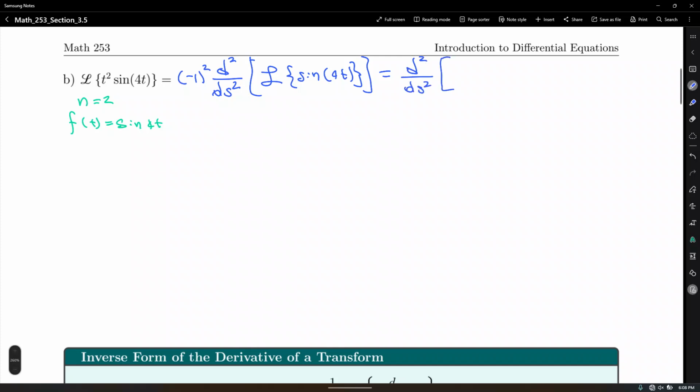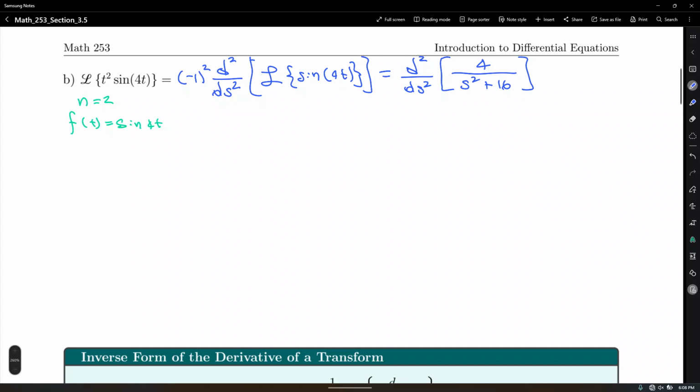What's the transform of sine? Is it 4 over s squared plus 16? Is that the transform for the sine function? It's k, the number that multiplies the t inside the angle, divided by s squared plus k squared. Yes, that's what it is.